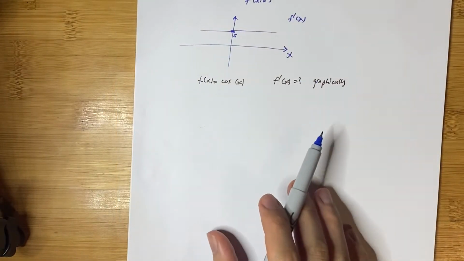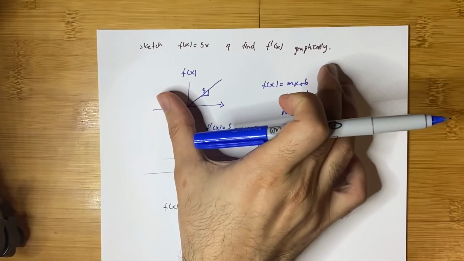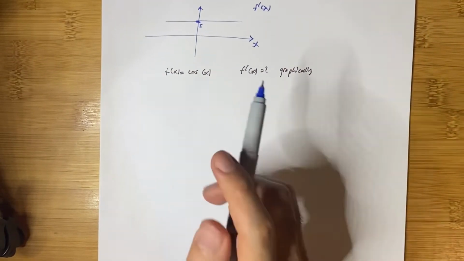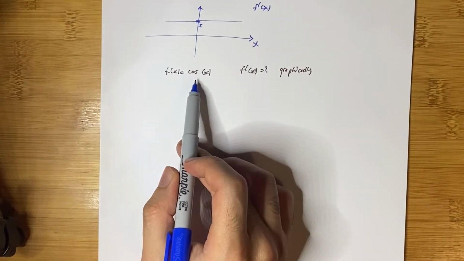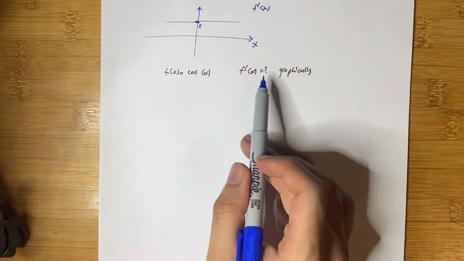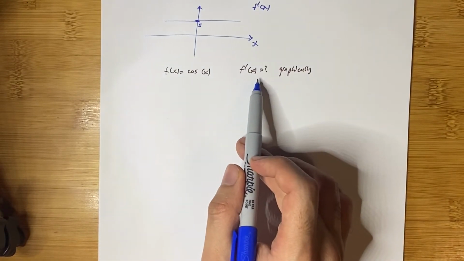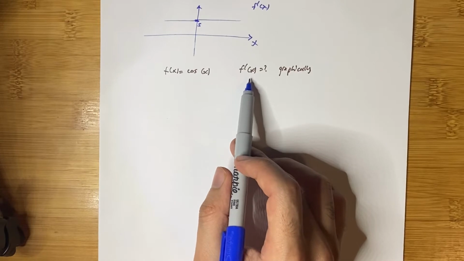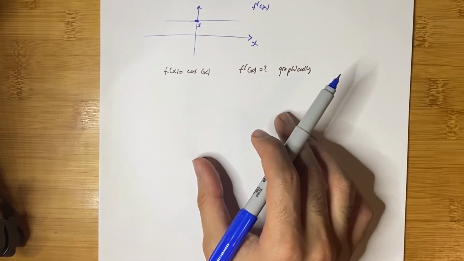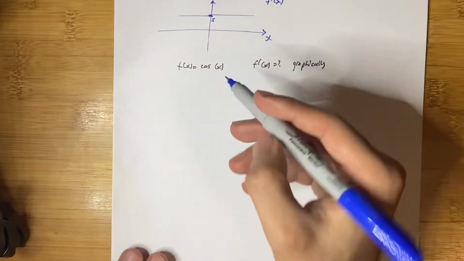This is the same problem as the one at the top, but here the function is cosine of x. We'll graph this, and then we want to draw the graph of its derivative. First, let's draw the function.